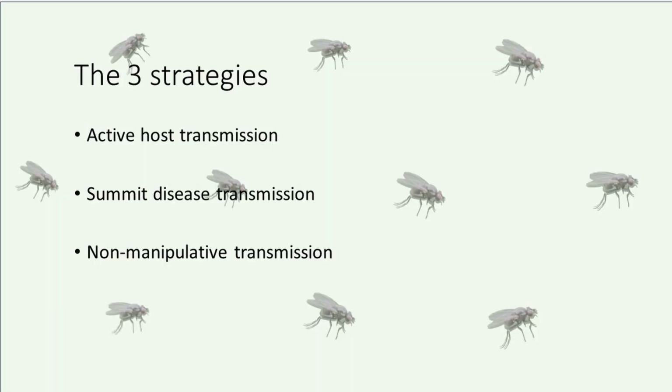There are three main strategies known today, three different types of fungal infections: active host transmission, which I just mentioned, summit disease transmission, which I will dive into a bit more later on, and non-manipulative transmission, which is simply put when a fungus infects an insect, the insect dies, and then the spores are dispersed passively by the environment.